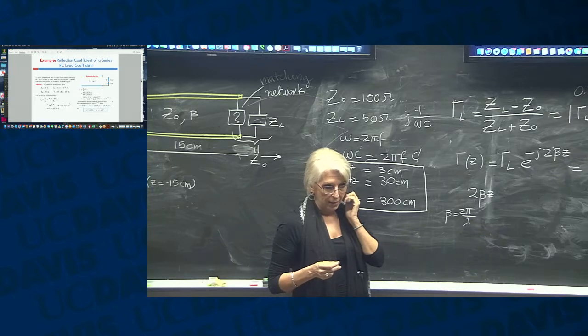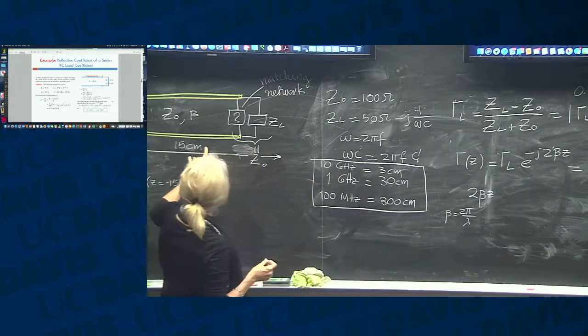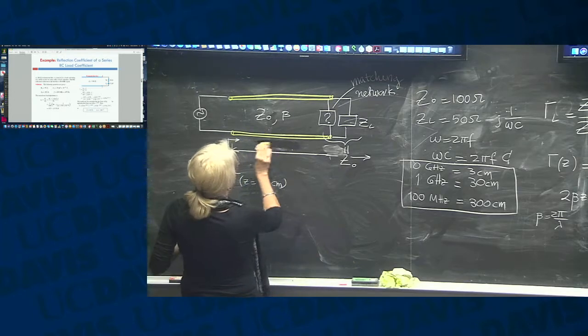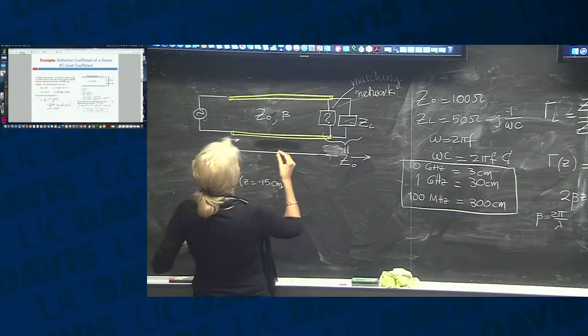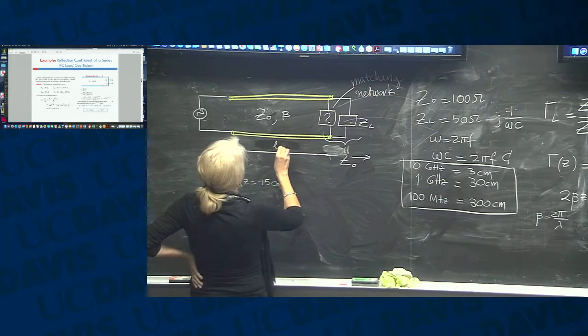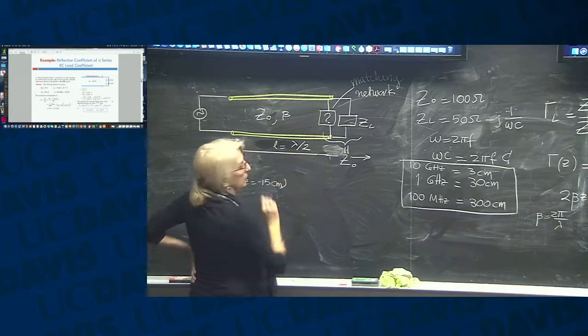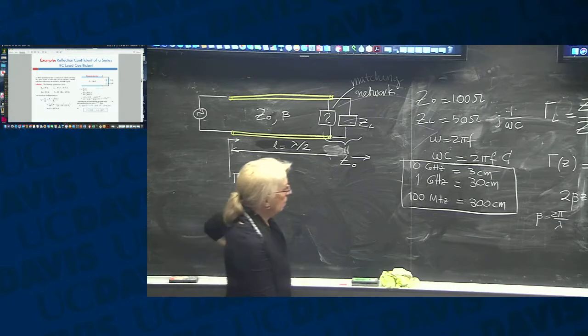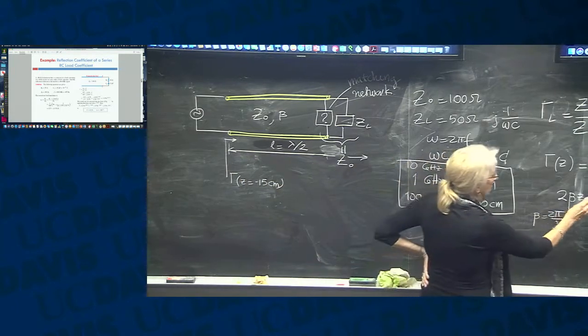All right? Since I gave it to you in centimeters, I could have given it to you in wavelengths and said, I want this length to be half a wavelength. A lot of times we'll give it like that. So if I gave it to you as half a wavelength, how much is that?